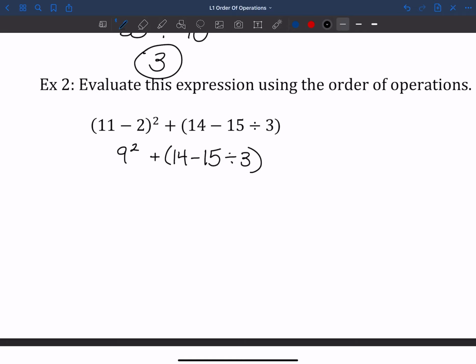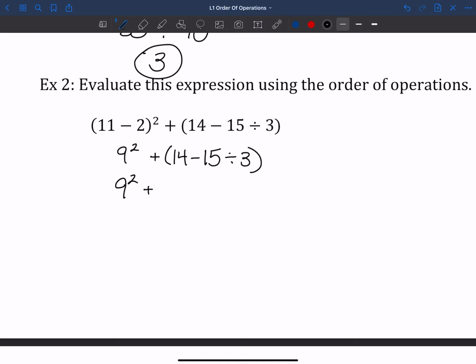So we took care of that first set of parentheses. We've still got more parentheses over here to worry about. So now we're going to move on to working inside of those ones. I'm going to bring that 9 squared down, add a little plus sign, and then let's take a look inside those. I have 14 minus 15 divided by 3.